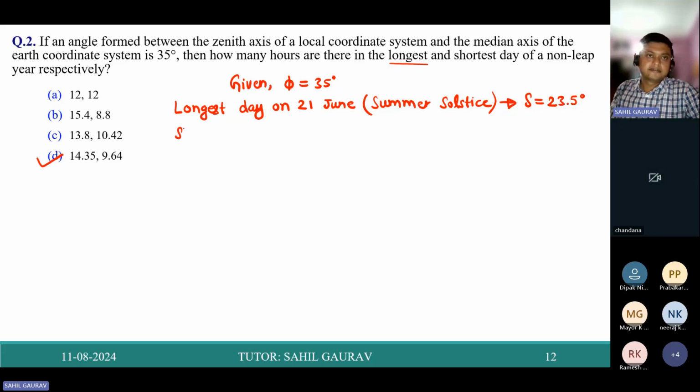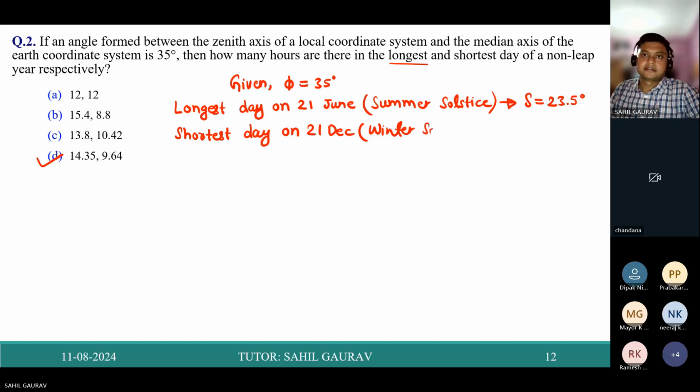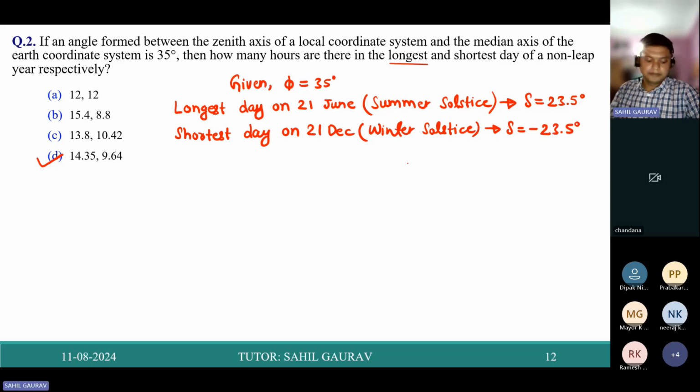And the shortest day is on 21st December, the winter solstice, and for this the inclination angle is minus 23.5 degree.